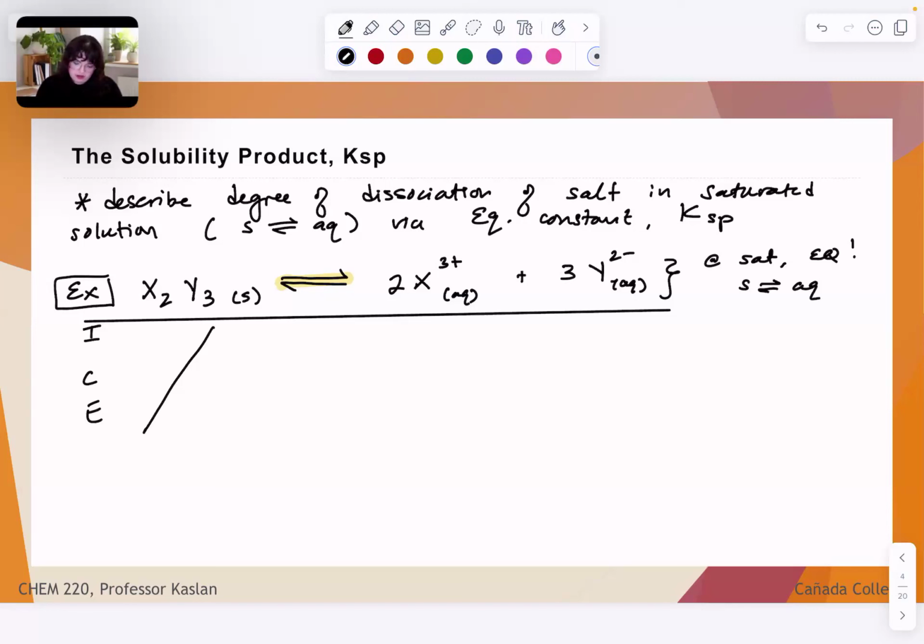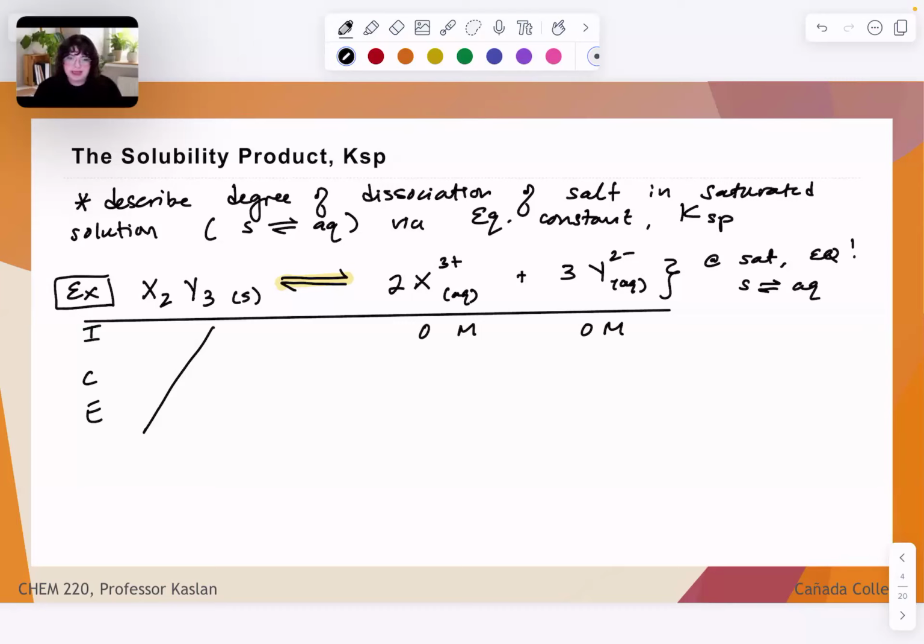So initially, this is going to be early dissociation times, like we've just now put that crystal in, right? So we've got 0 amount of ions. And then over time, we're going to utilize the stoichiometry of this dissociation to describe how the amount of X is going to increase and how the amount of Y is going to increase so that ions do exist in solution, meaning some of that solid does get dissolved.